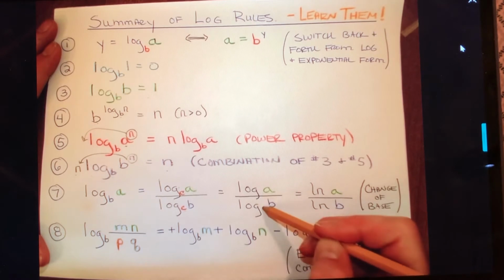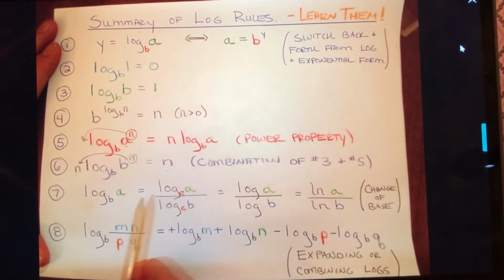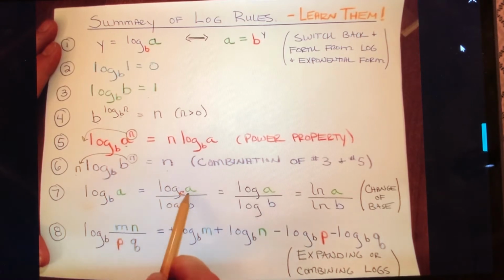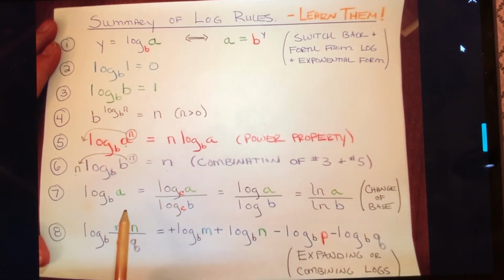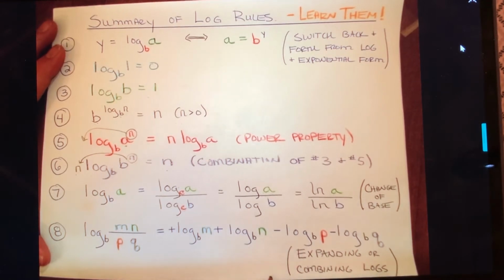They could both be 10. They could both be the natural log. The key is that the argument is put into the log up top, and the base is put in as the argument down in the bottom. And this becomes really powerful because it allows us to use our calculator to do some computations that we potentially otherwise couldn't do.